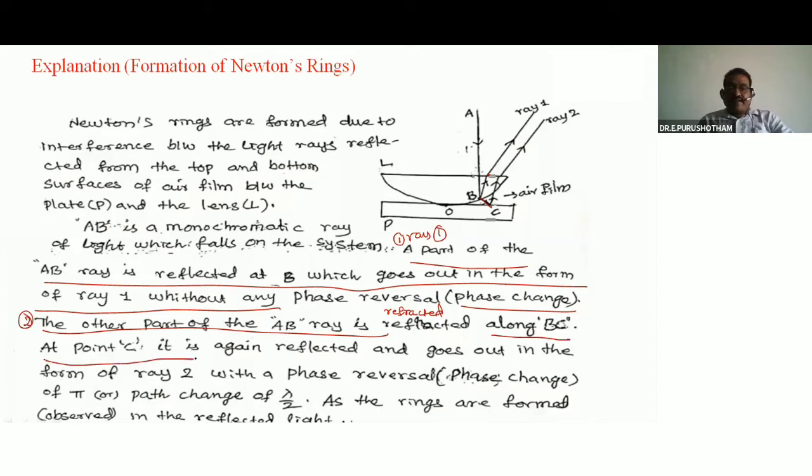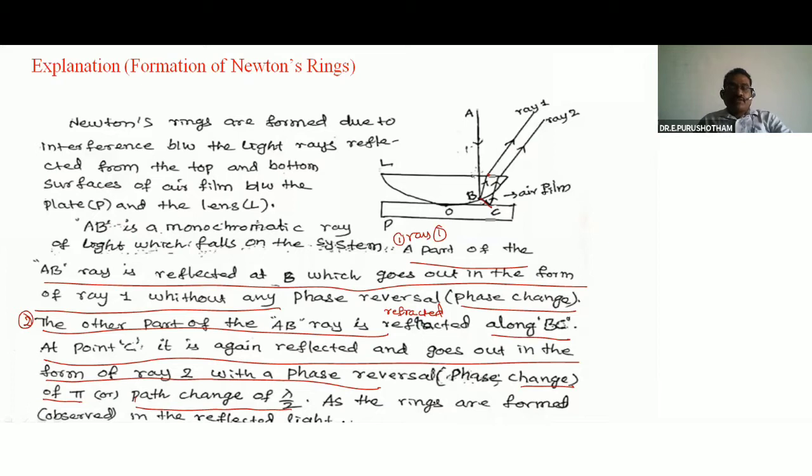It is not reflected, it is refracted along BC. It is incident at point C, where it is again reflected and goes out as ray 2, with a phase change of pi, or a path change of lambda by 2.